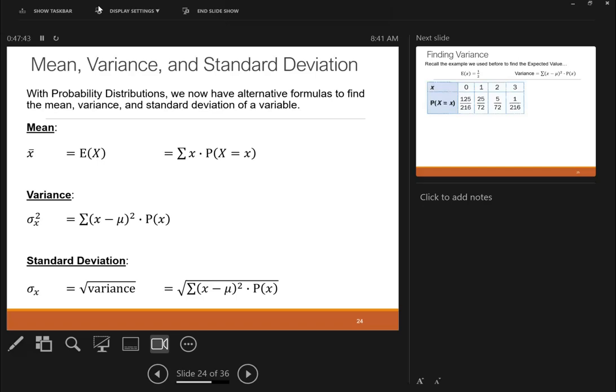I used mu here instead of x bar, but mu, x bar, and E of x all mean the mean. So we have x, the outcome, minus the expectation, squared, times the probability of x, and we add those up each time. That gives us the variance. If I take the square root of that, it gives me the standard deviation.